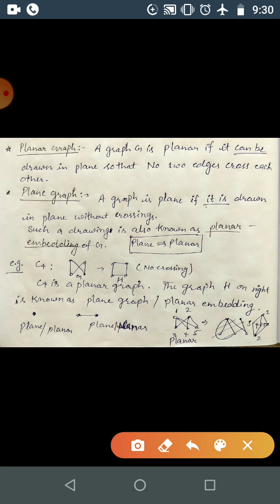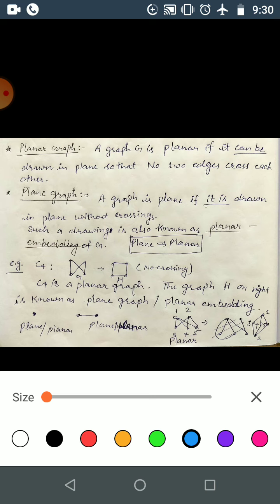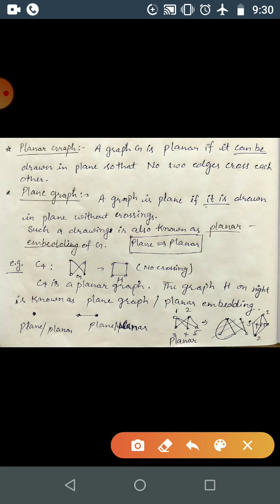For example, here is a planar graph. Here no two edges cross each other, correct? And this is also a plane graph, it is already drawn in the plane such that no two edges cross each other.